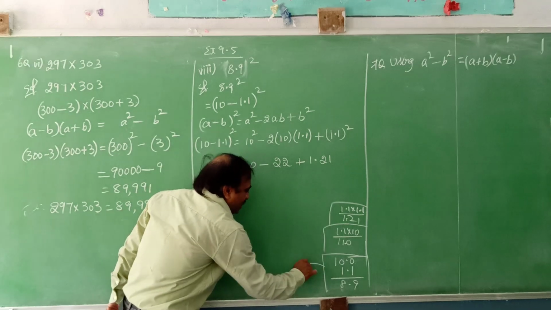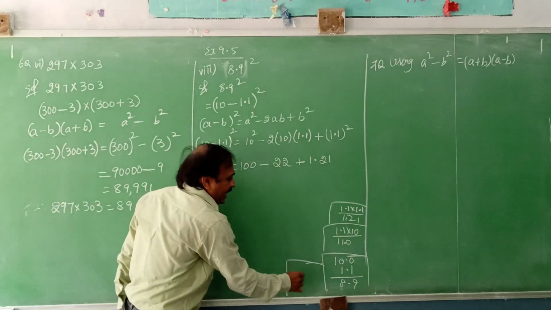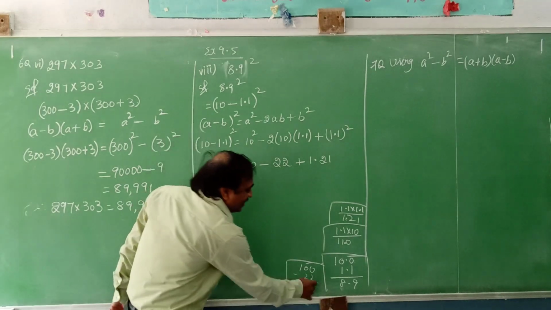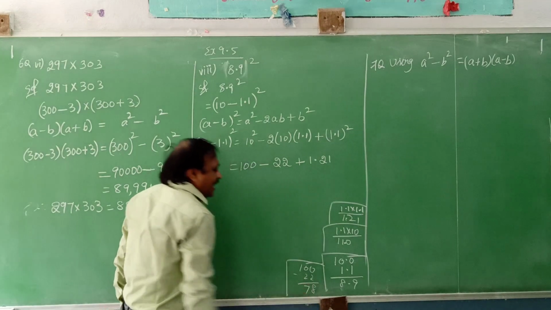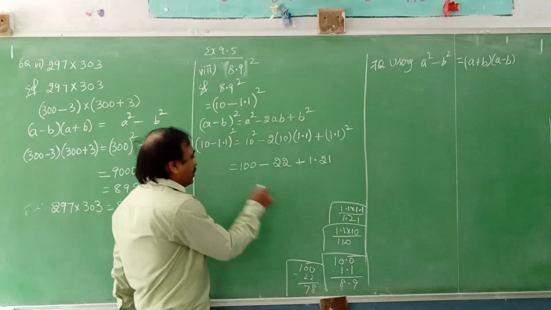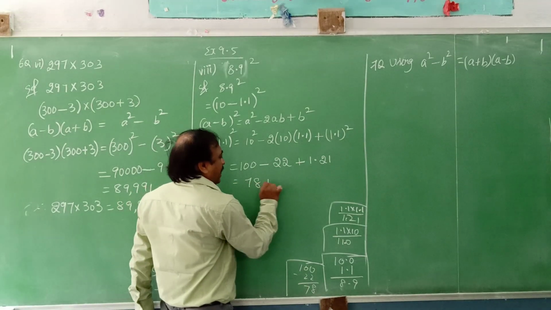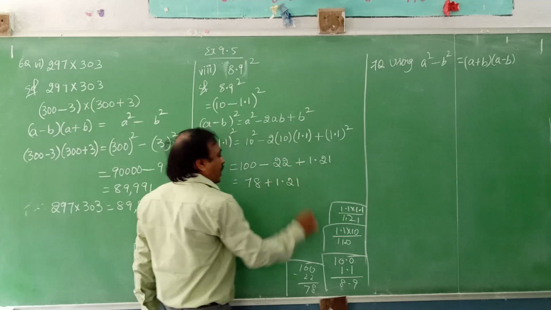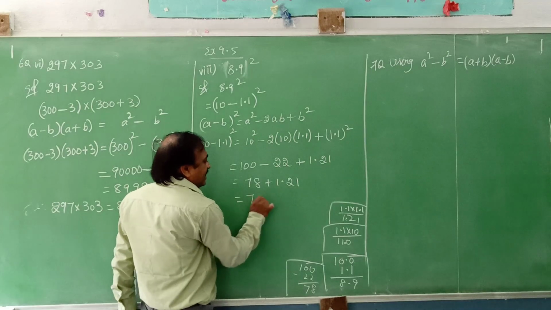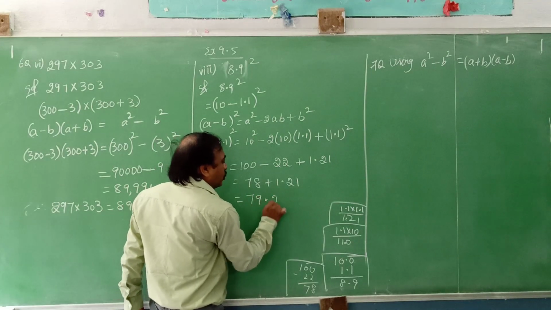Now if you subtract, this is all rough work what I am doing. 100 minus 22, can anyone say? Yes, 10 minus 2 is 8 and 9 minus 2 is 7, so 78. So 78 plus 1.21. When you add this, 79.21.